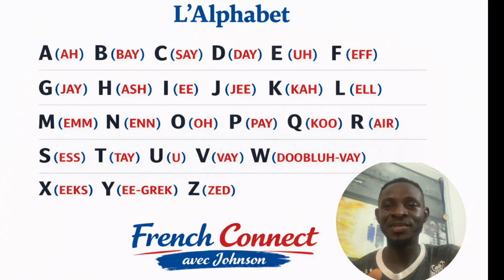I hope you get the right pronunciation with the way I just explained. Merci bien, merci beaucoup. All right, super, great job. You just learned the French alphabet. Now, applaudissez. Super à vous.